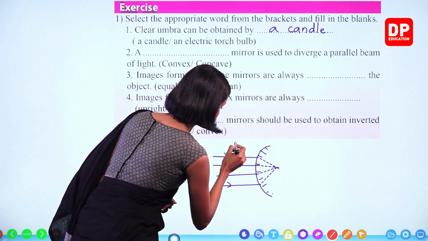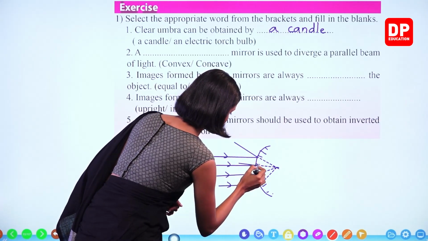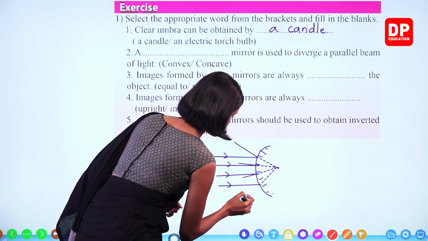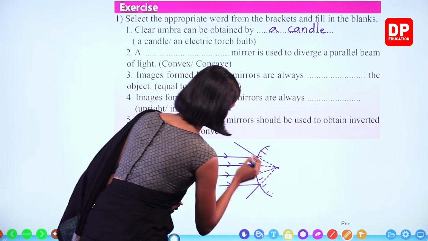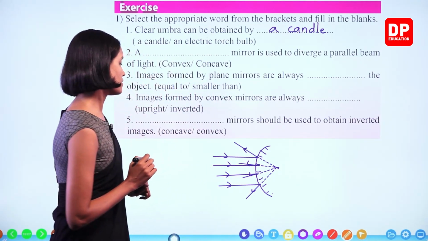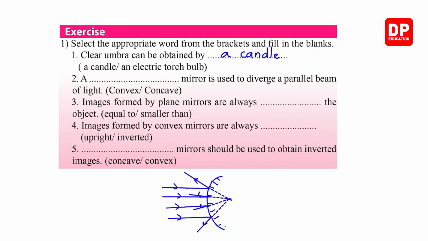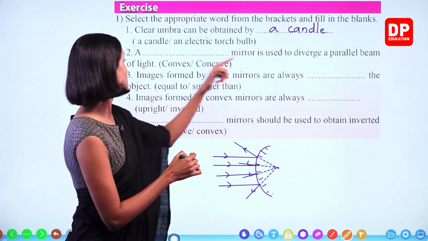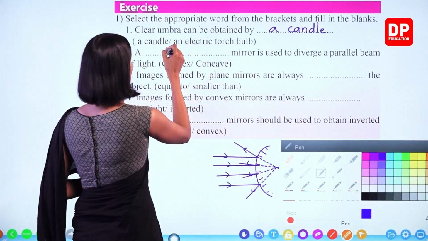Right, children? Okay. So when a convex mirror is used to diverge a parallel beam of light, right? The answer is convex.